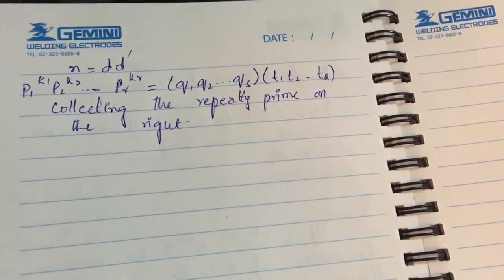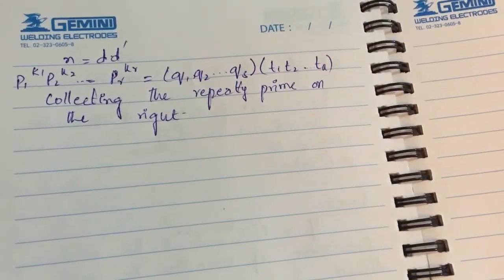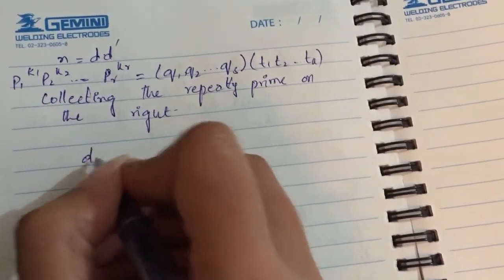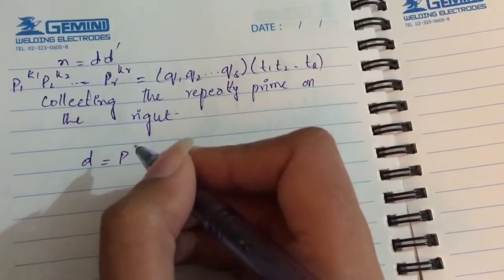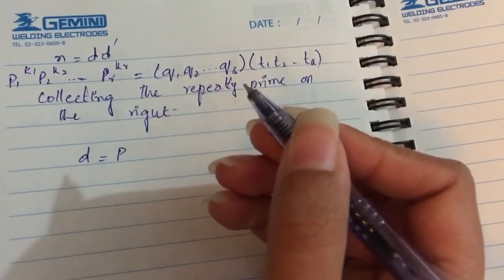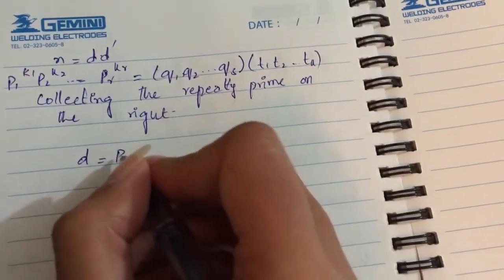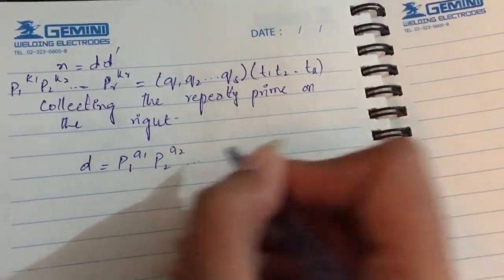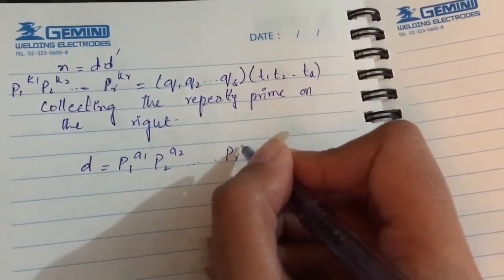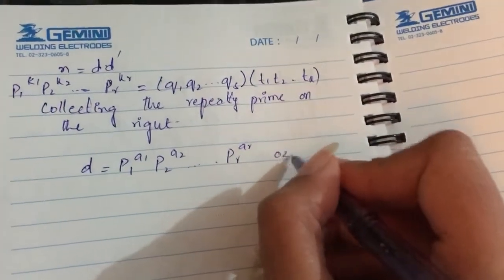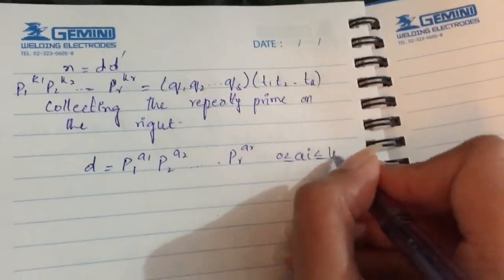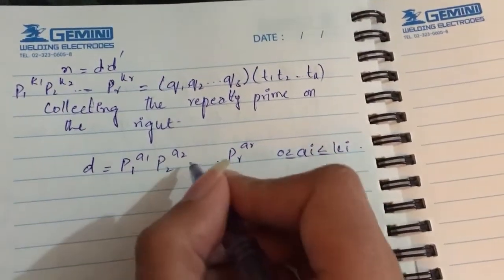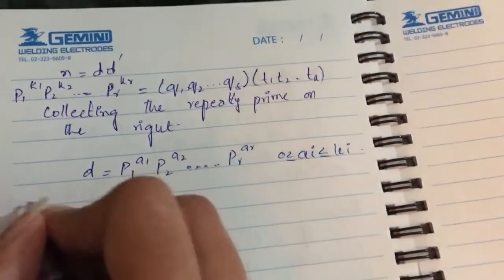So I can write d as p1^a1 p2^a2 up to pr^ar, where ai is like this. This follows from the unique factorization theorem which we discussed earlier.